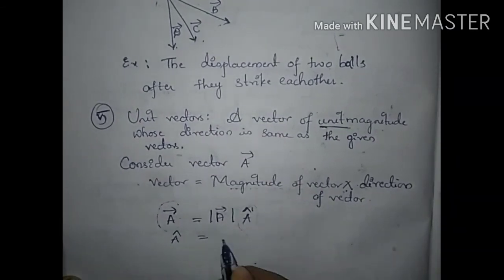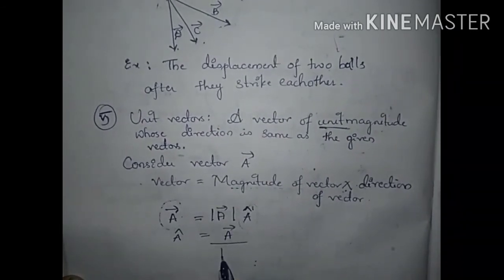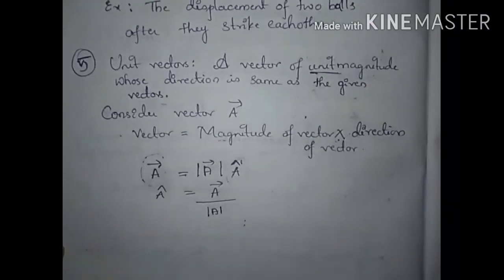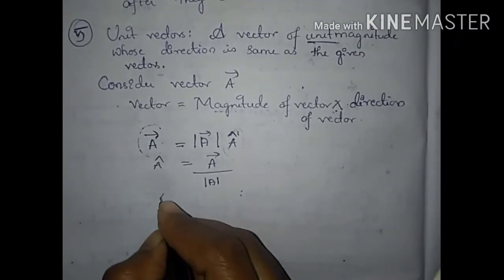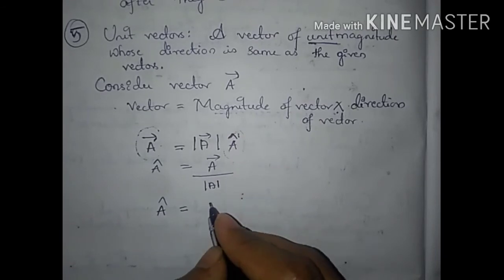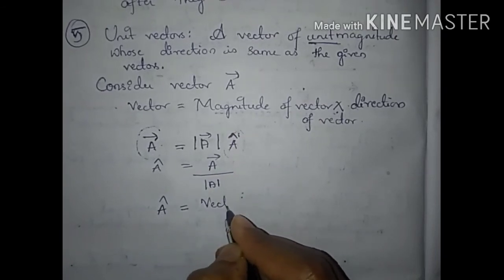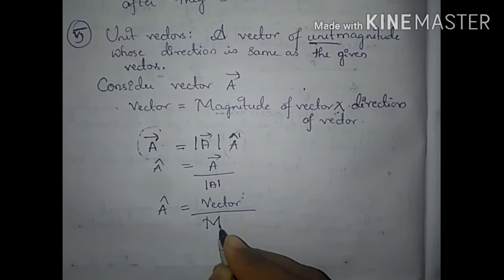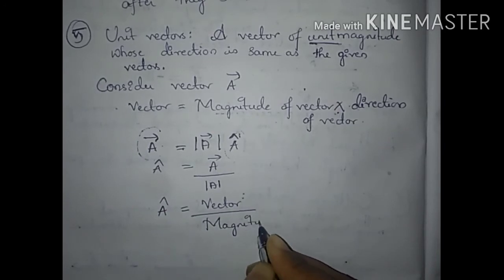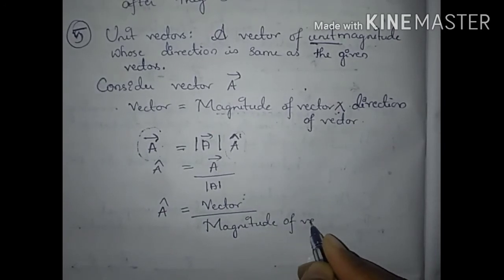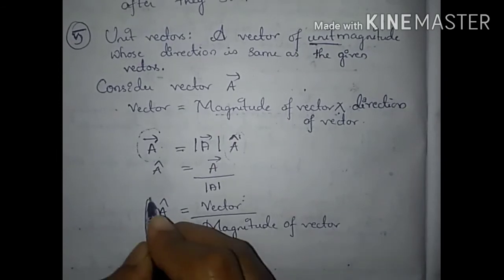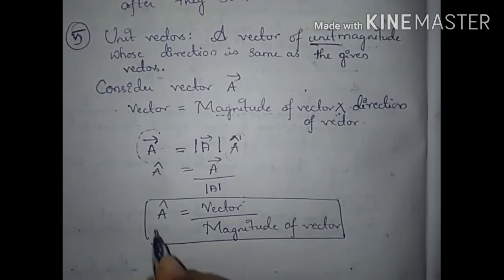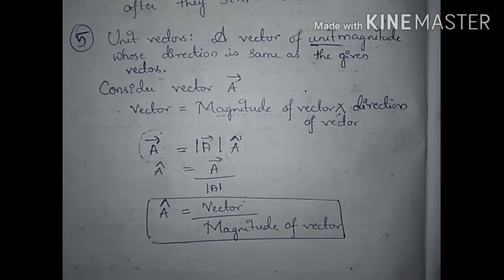A cap will be vector A divided by magnitude of vector A. So A cap equals vector divided by magnitude of vector. This is the unit vector, and this can be read as A cap.